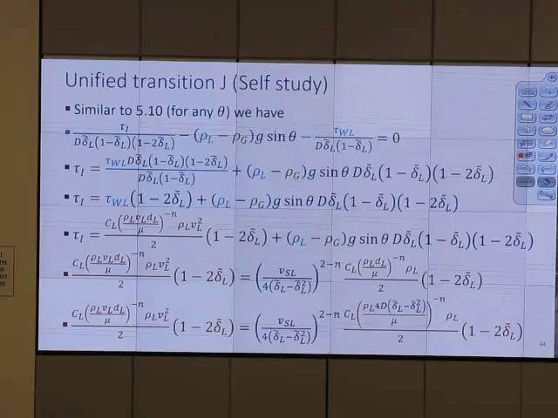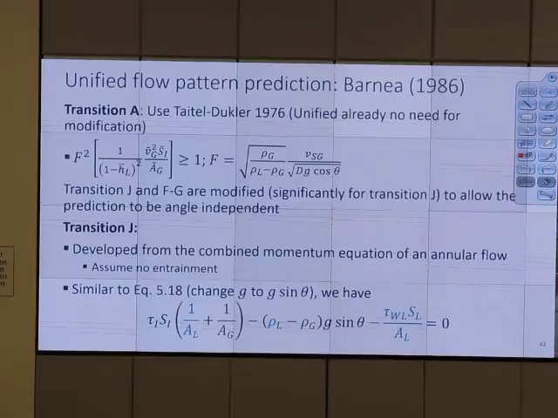Once we have the combined momentum equation, you see this tau I, the interfacial shear stress. Early on, tau I is multiplied by S_I over A_L, right? S_I over A_L is dependent upon film thickness.